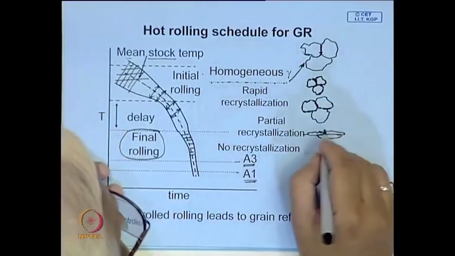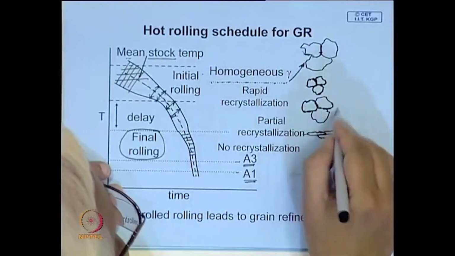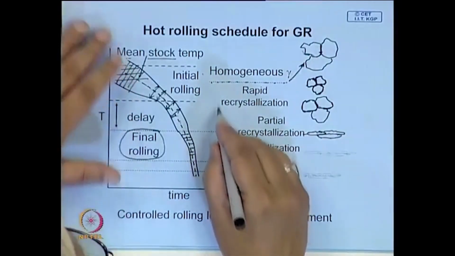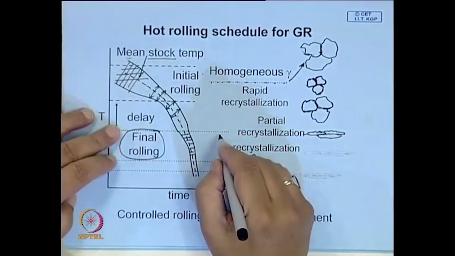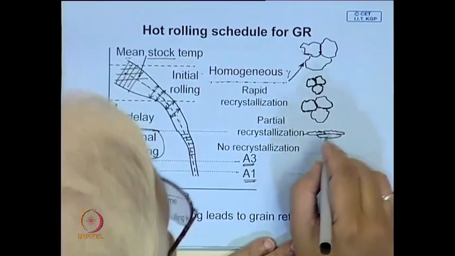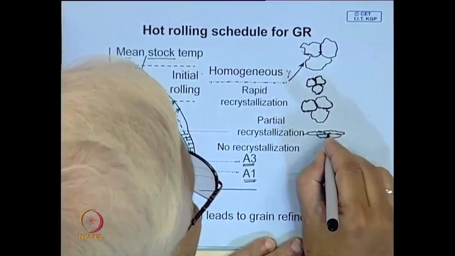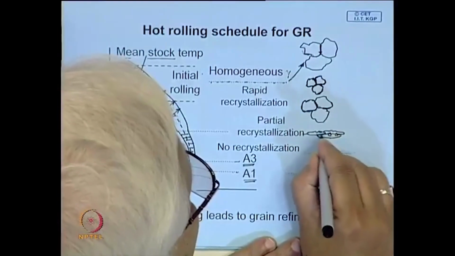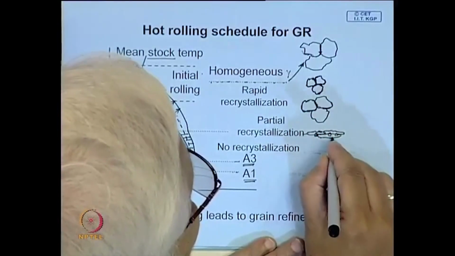and here since you are giving a very large reduction, the temperature is also substantially lower. So, we know that the recrystallization rate will also be low. So, here if at all recrystallization is taking place, there will be very few recrystallized austenite grains.